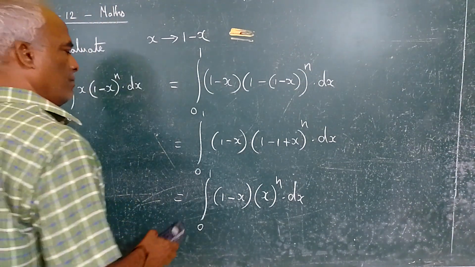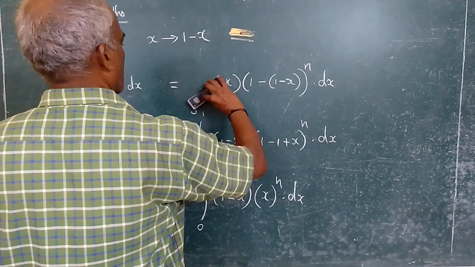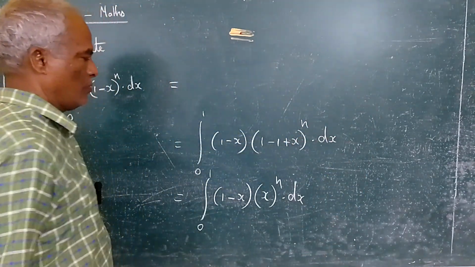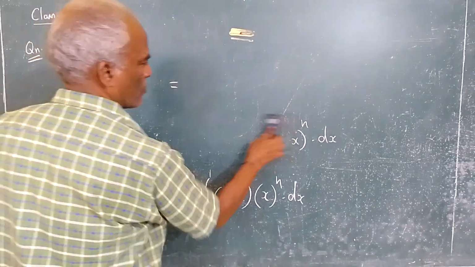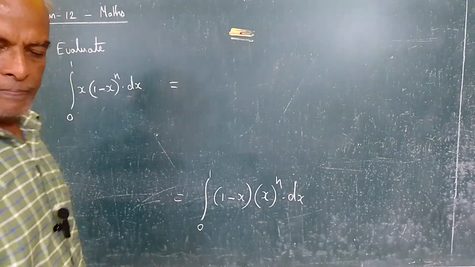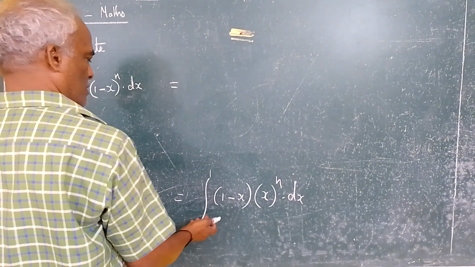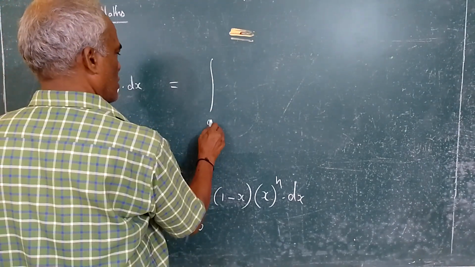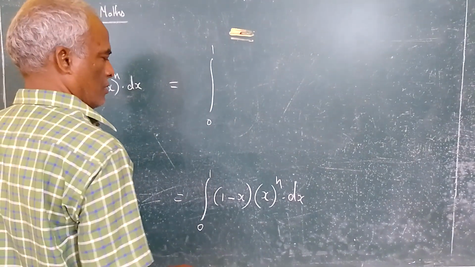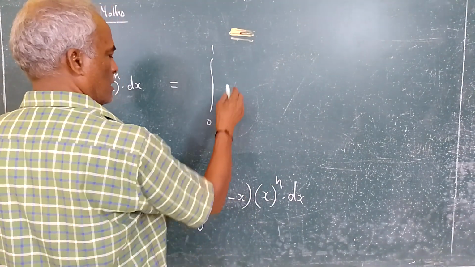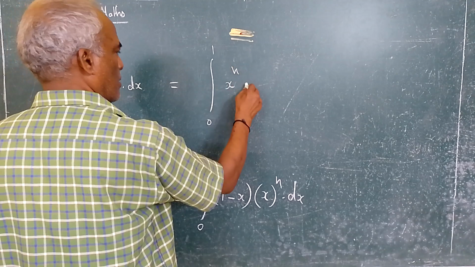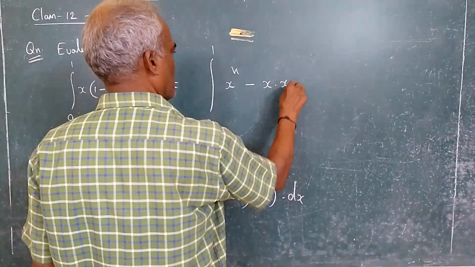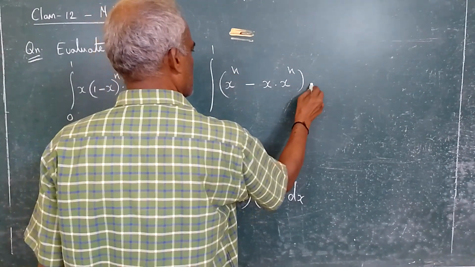Next step will be integral 0 to 1, x power n into 1 is x power n, minus x into x power n, into dx.